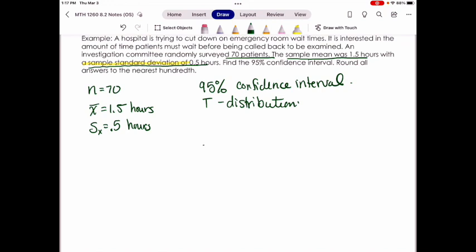In order to do our calculations by hand, the first thing we need to find is our t-critical value. So if this is our graph, just a quick sketch, our mean is in the middle, that's our x bar, and our sample standard deviation is 0.5.